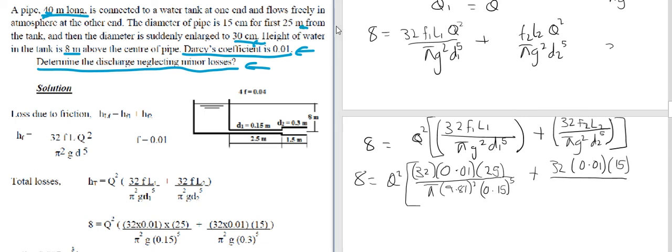So 40 minus 25 gives us 15. So that is the length of the second pipe. Then over pi times 9.81 square, times D2, which is 0.3 raised to power 5. Then we close the bracket and we have 8 equal to Q square into bracket.